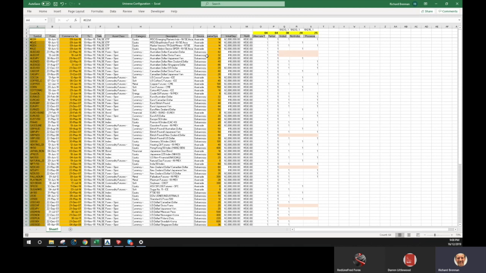We might have had one or two outliers on a single instrument over a 20-year period, but because of the very strong impact of the negative swap, over a very long hold it would totally eliminate any benefit of that outlier. So with this technique now, we're able to catch more outliers across a broader range of markets within the Forex space. Okay, so that's our technique for our Forex world.